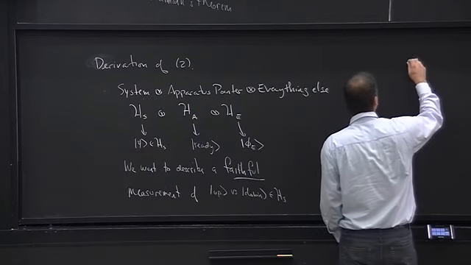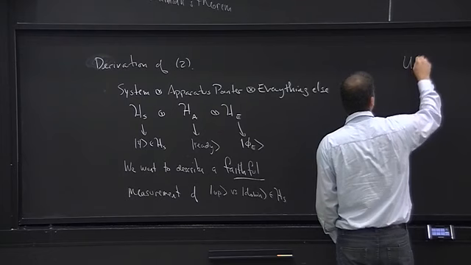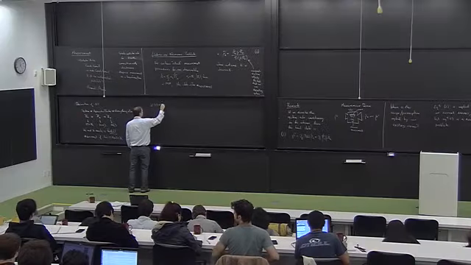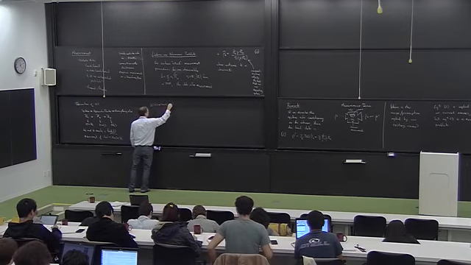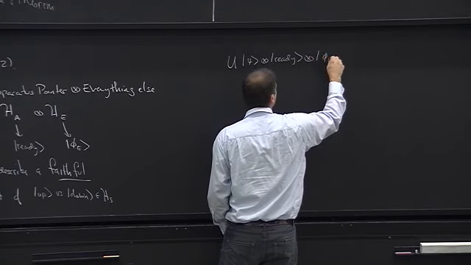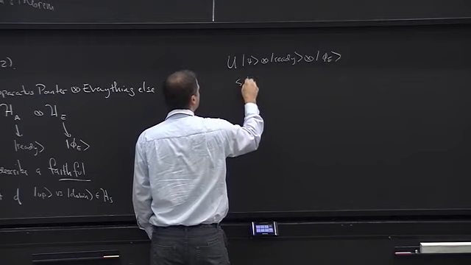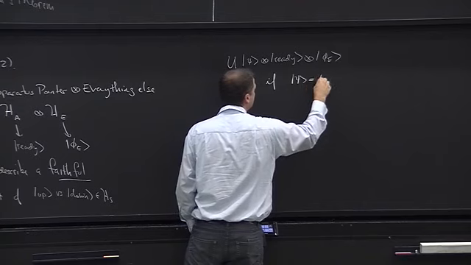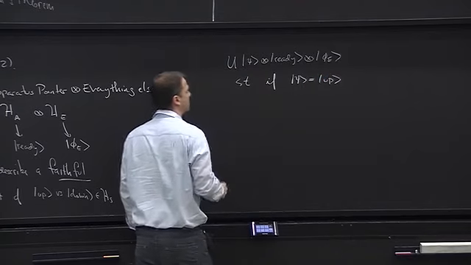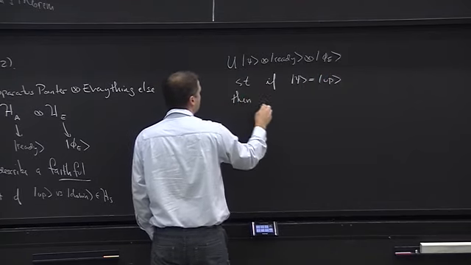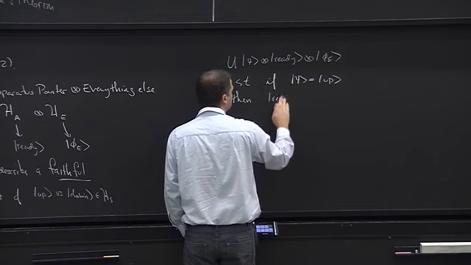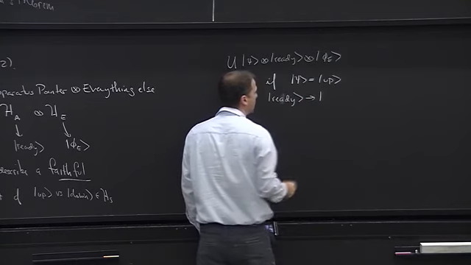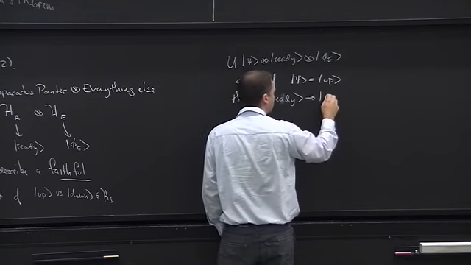It means we want a unitary that acts on psi cross ready cross phi e such that if psi really is up, then the ready state goes to pointer right.